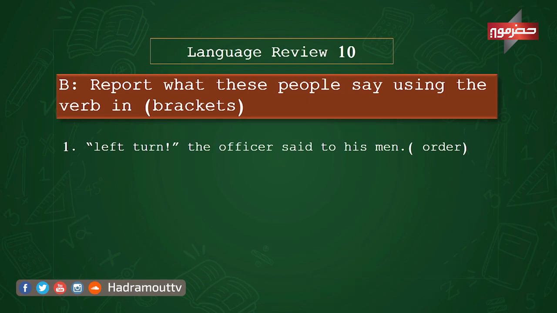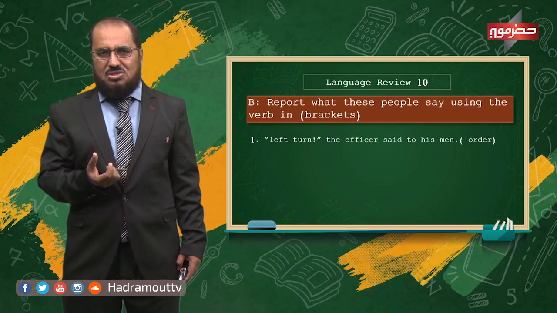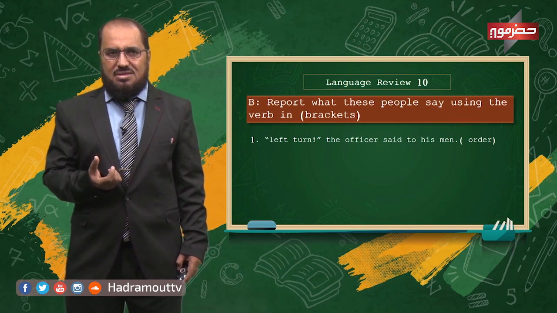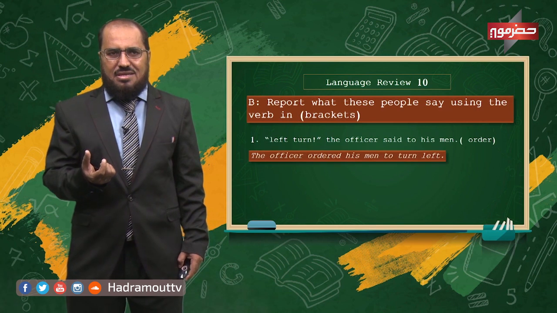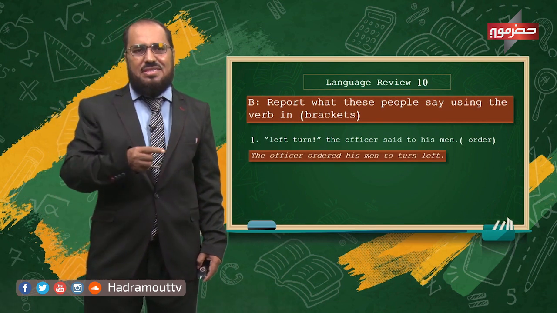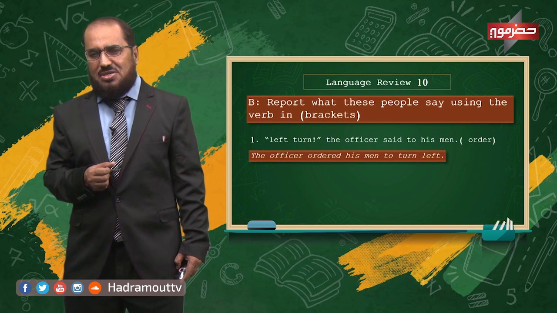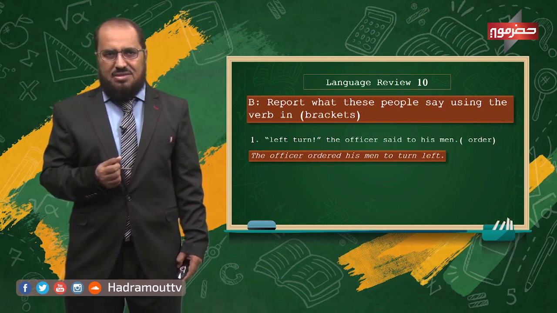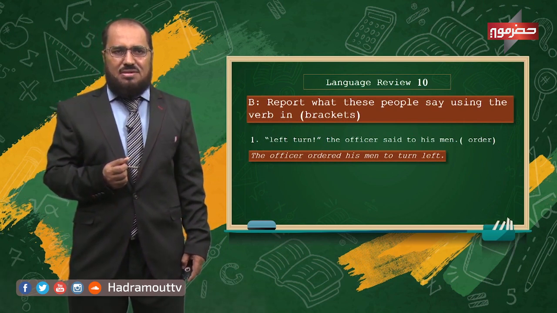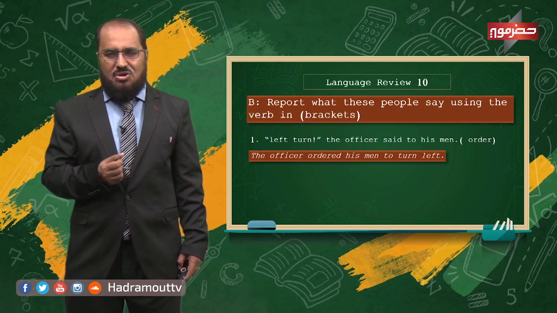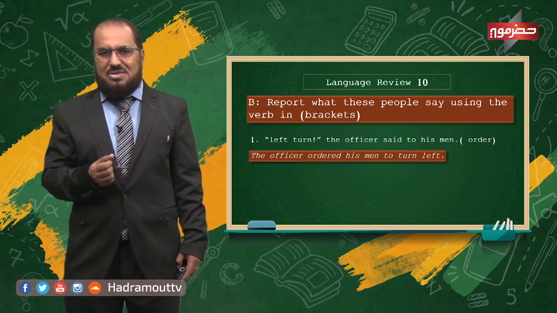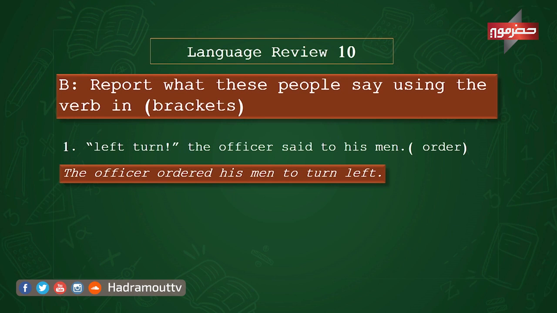Use order. This is the verb between brackets. So here you can say, the officer ordered his men to turn left. Okay? Where's the verb? Ordered. Object, his men. To plus infinitive, to turn.